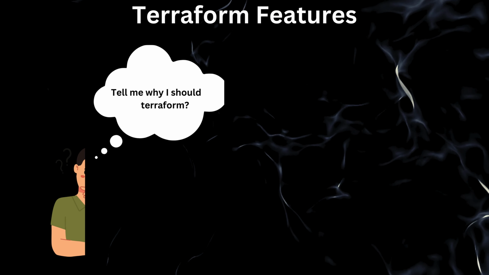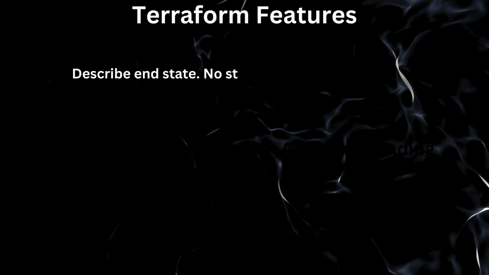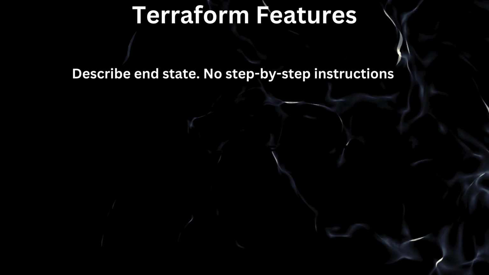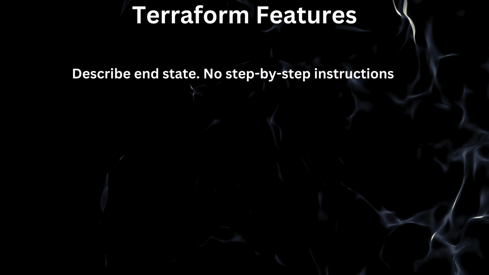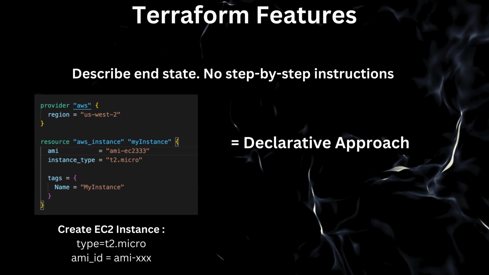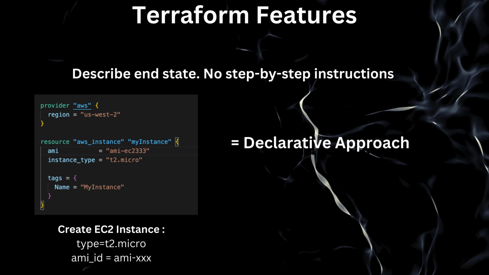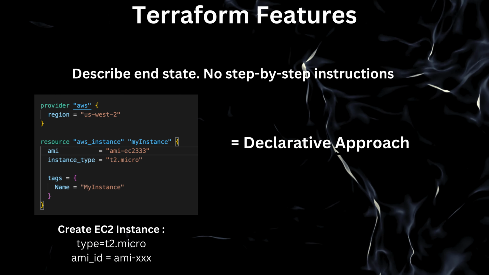Now let's talk about Terraform's features and advantages. The first one I'm going to talk about is describing the end state of your resources. With Terraform, you write simple configuration files where you describe how your infrastructure should look. You might say, you need 3 servers, a database, and network.